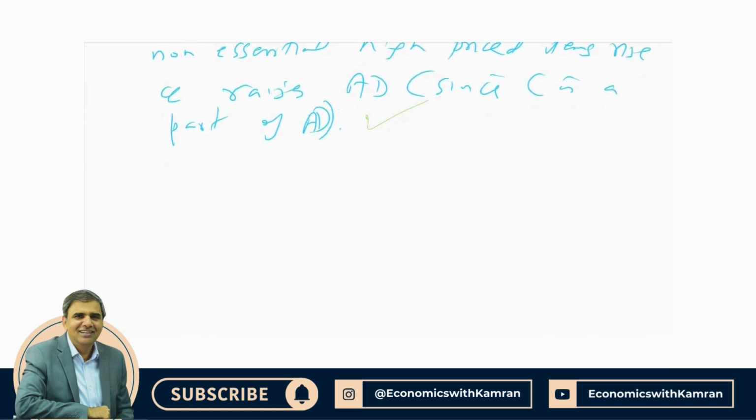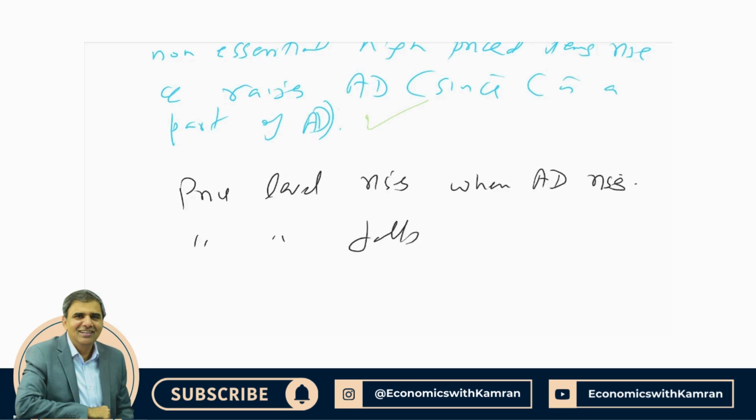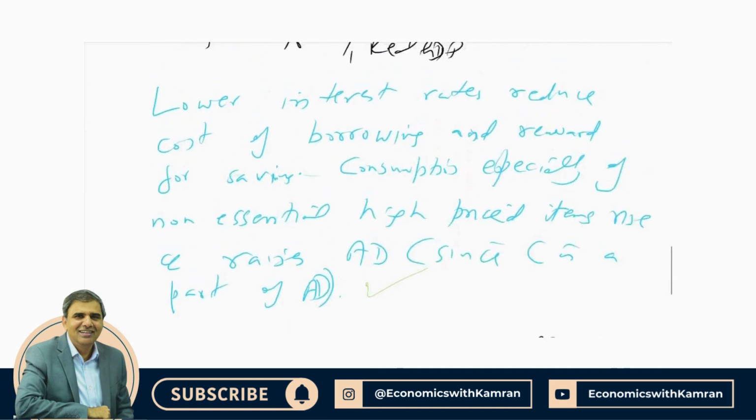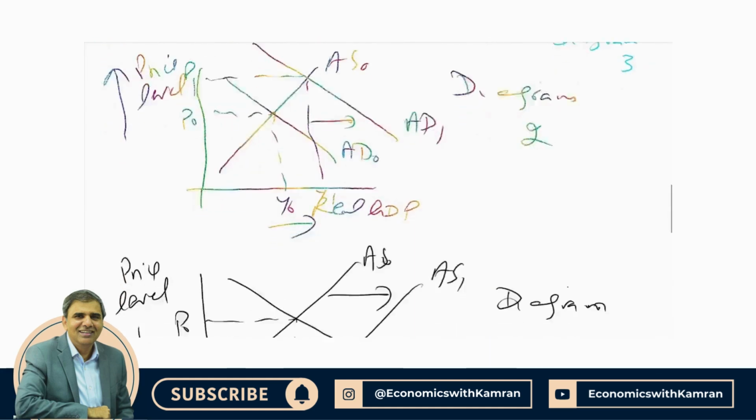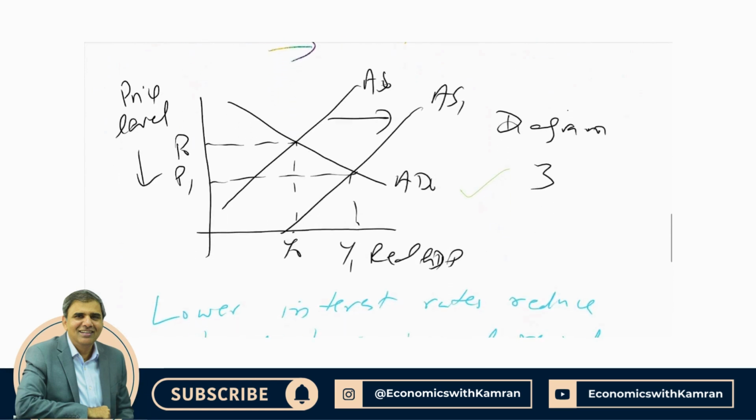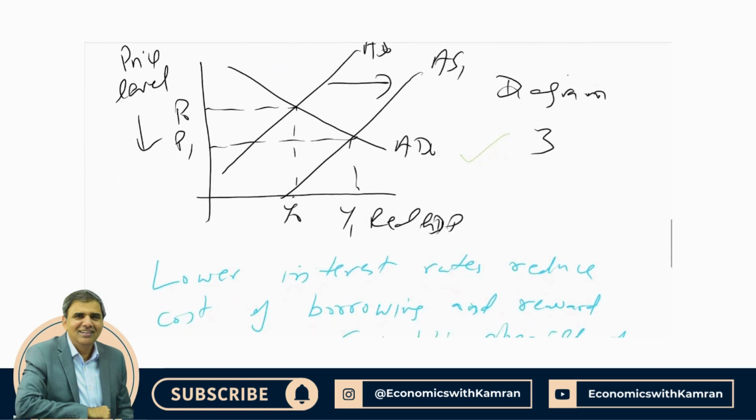So price level rises when AD rises. Price level falls when AS rises. So we have actually looked at these diagrams. In diagram 2, AD is rising and price level is going up. In diagram 3, AS is rising but price level is going down.